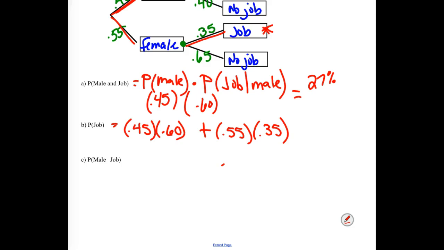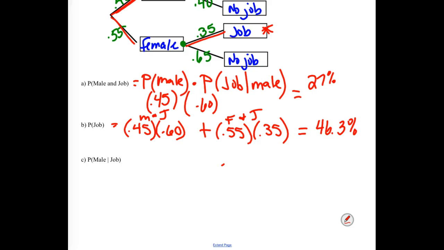We do already have one. All right. What do we end up with for a total? All right. Does that make sense? Yes? So this first one was male and job. The second part was female and job. All right. And it didn't matter which one we had.